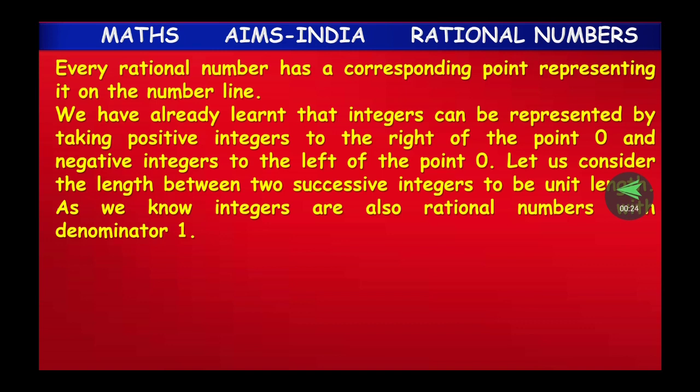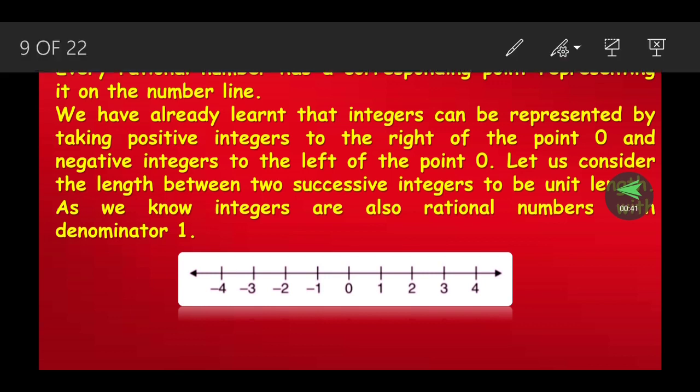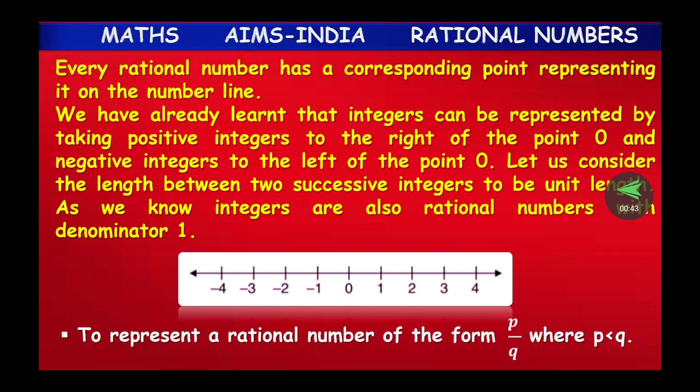Already we know how to represent integers: we take 0 in the middle, the right side has positive integers and the left side has negative integers. Now we have to know how to represent rational numbers of the form P by Q, where P is less than Q.